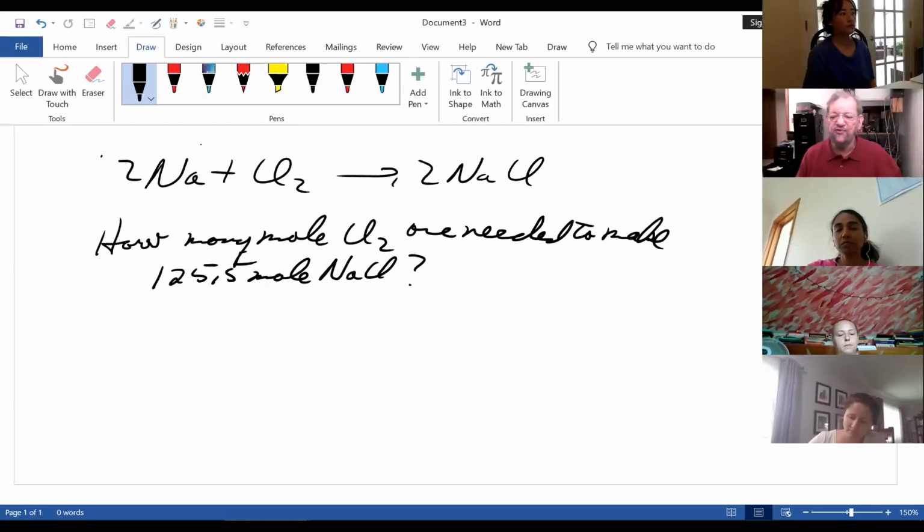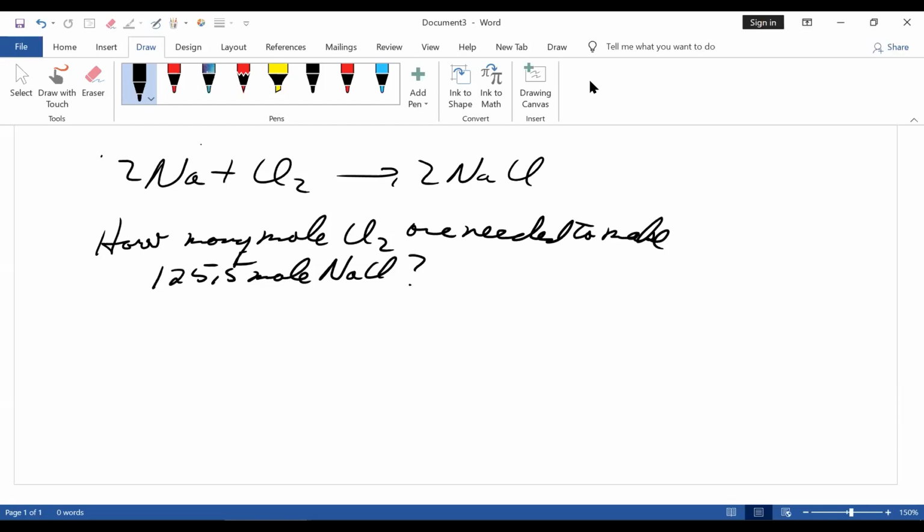All right, let's do it. So the question is, how many moles of chlorine are needed to make 125.5 moles of sodium chloride? First thing I always do, and it would help if you do it too, figure out what you are trying to find? Moles of chlorine.